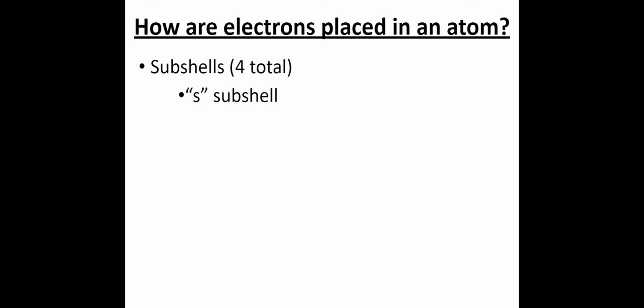So some of the lines of light looked very sharp compared to the others. And that's where they got their name as being called the S subshell. So S stands for sharp.